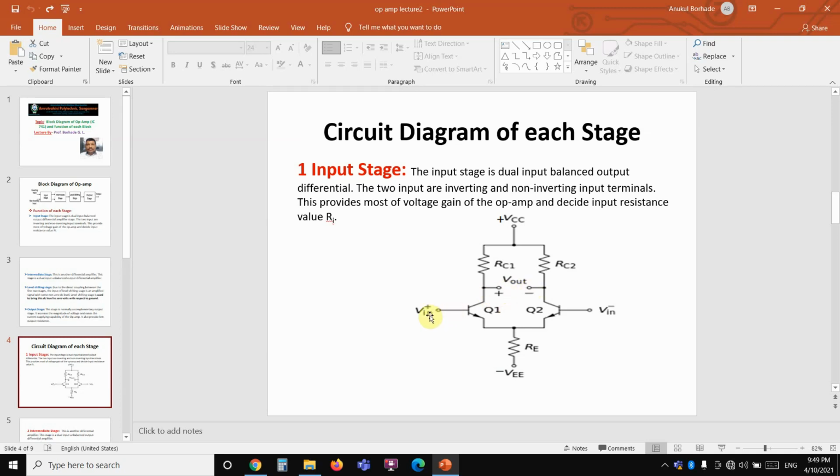Means it has two inputs, one non-inverting, another inverting, and two outputs. This output is applied to the next stage, that is the intermediate stage.